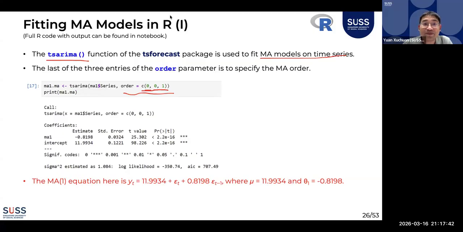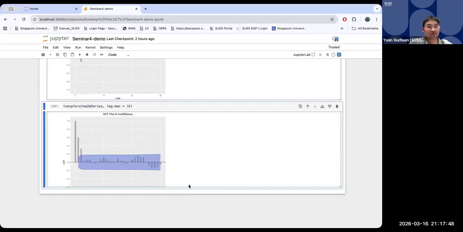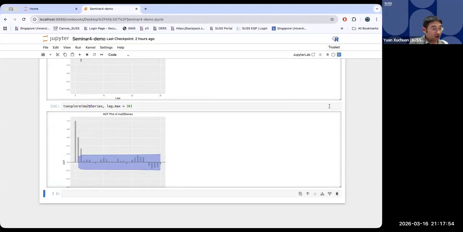All right, so let's go back. So we will use MA1 to model, maybe simple, the ARIMA function, okay.